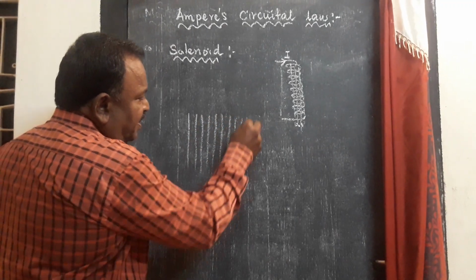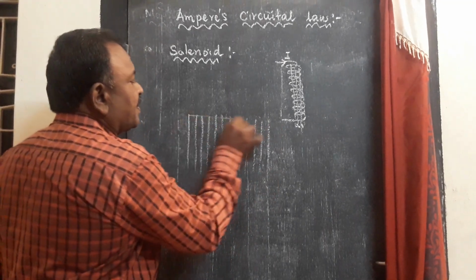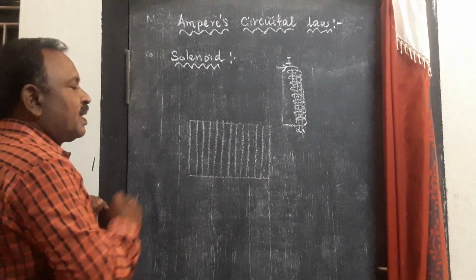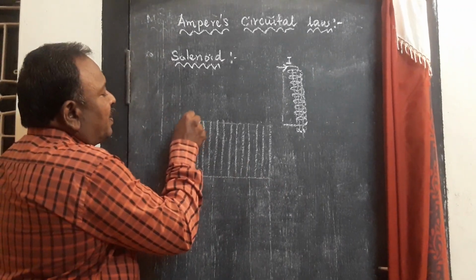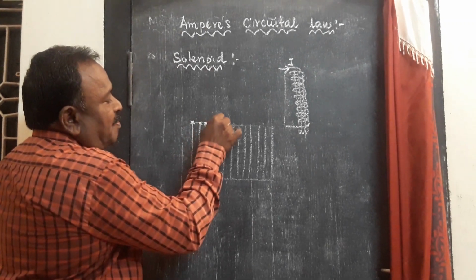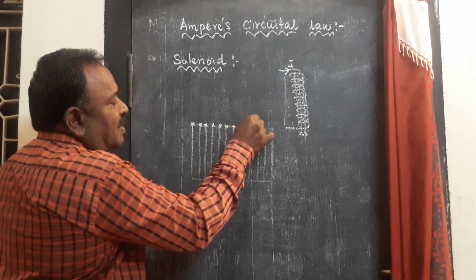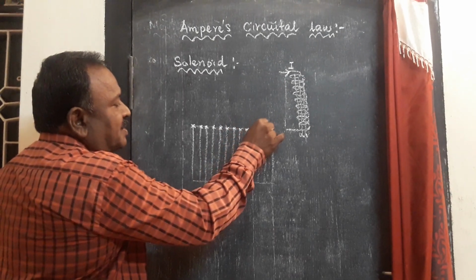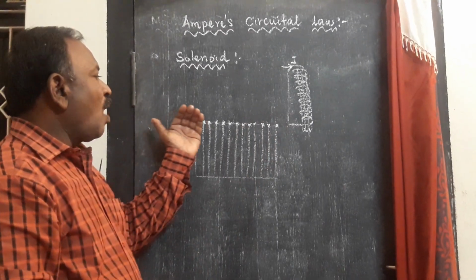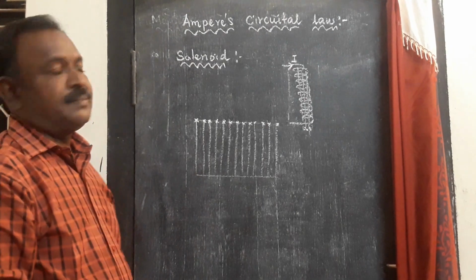I am representing every line as every turn of the solenoid. Above, I am marking a cross mark. This mark tells that current is flowing outwards perpendicular to the plane of the blackboard.